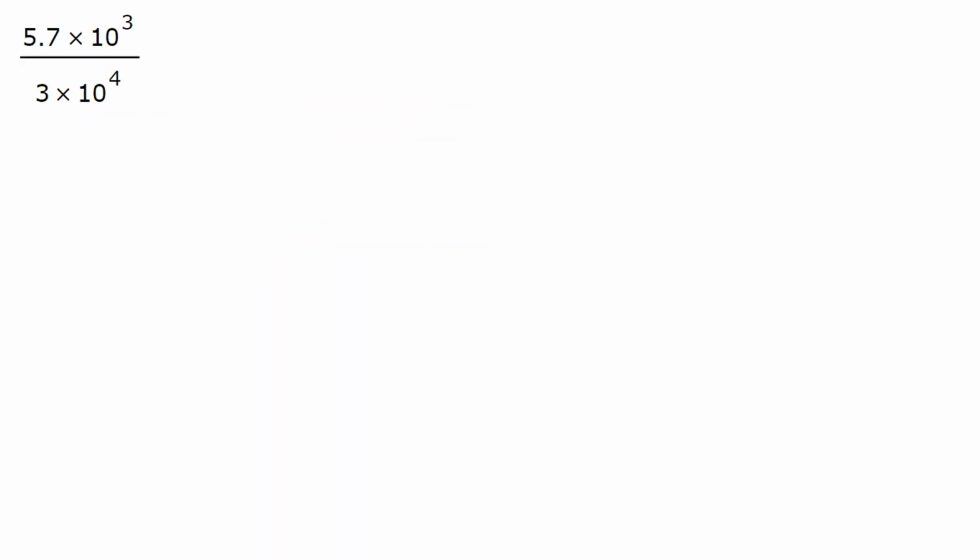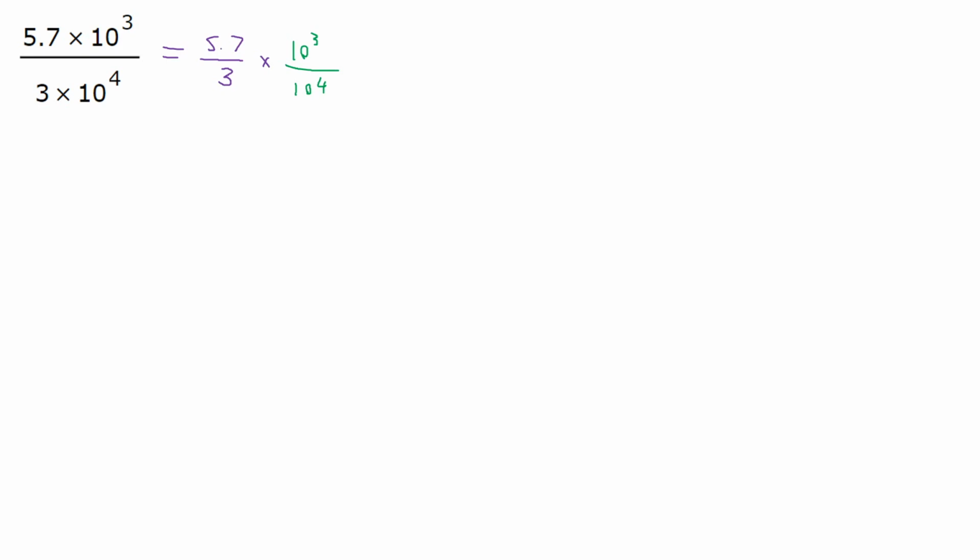So let's look at another example. 5.7 over 3 times 10 to the 3 over 10 to the 4. Well, it's the same thing. All we're going to do is say that that's the same as 5.7 over 3 times, in a different color, 10 to the 3 over 10 to the 4.